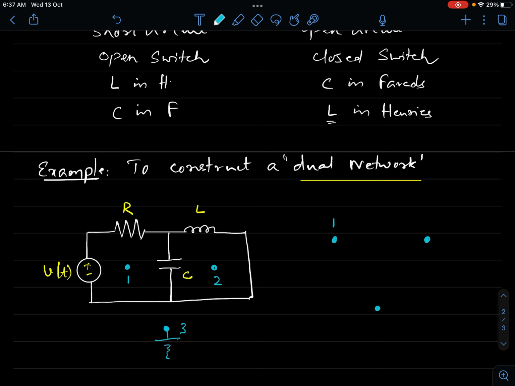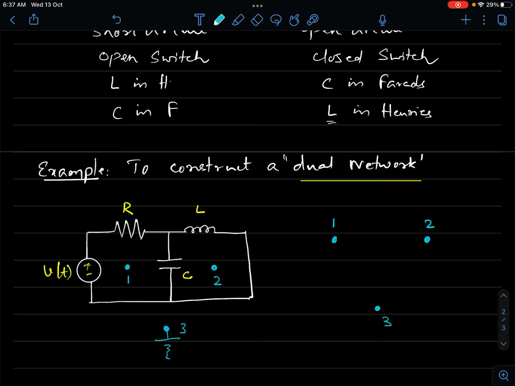This is my node 1, this is my node 2, this is my node 3. I suppose it's clear. Initially we have placed a node inside a mesh, and external to the network we place another node, that is the datum node, and we lay all the 3 nodes on a separate space. This is my first step.